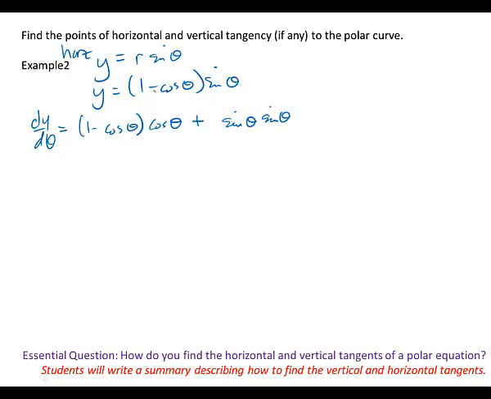Because the derivative of negative cosine would be negative sine, so it goes positive. All right. I am going to go ahead and try to distribute this in now. So I've got cosine theta minus cosine squared theta plus sine squared theta.